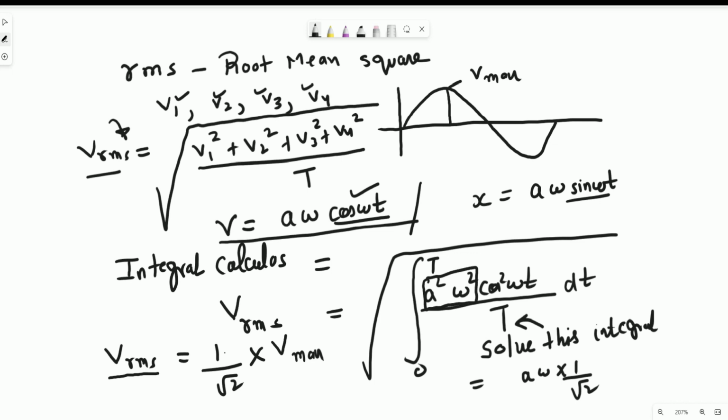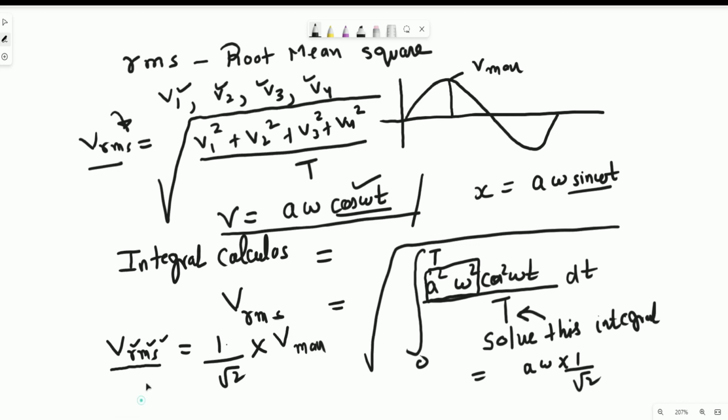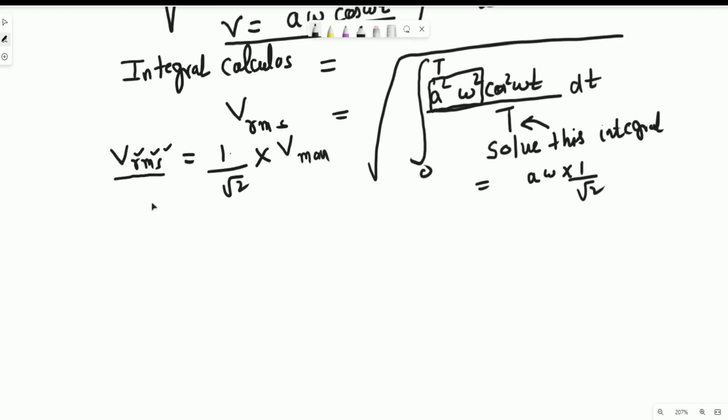I'm giving you shortcuts because I know you're a class 11 student. You may not be aware of the terminologies of root mean square, and therefore you should know how to calculate root mean square of anything. So if you have to find the root mean square of the displacement, for example, it's a simple harmonic function and you have to find x RMS, you can straight away do this by saying it will be 1 by root 2 times the maximum value of the displacement.